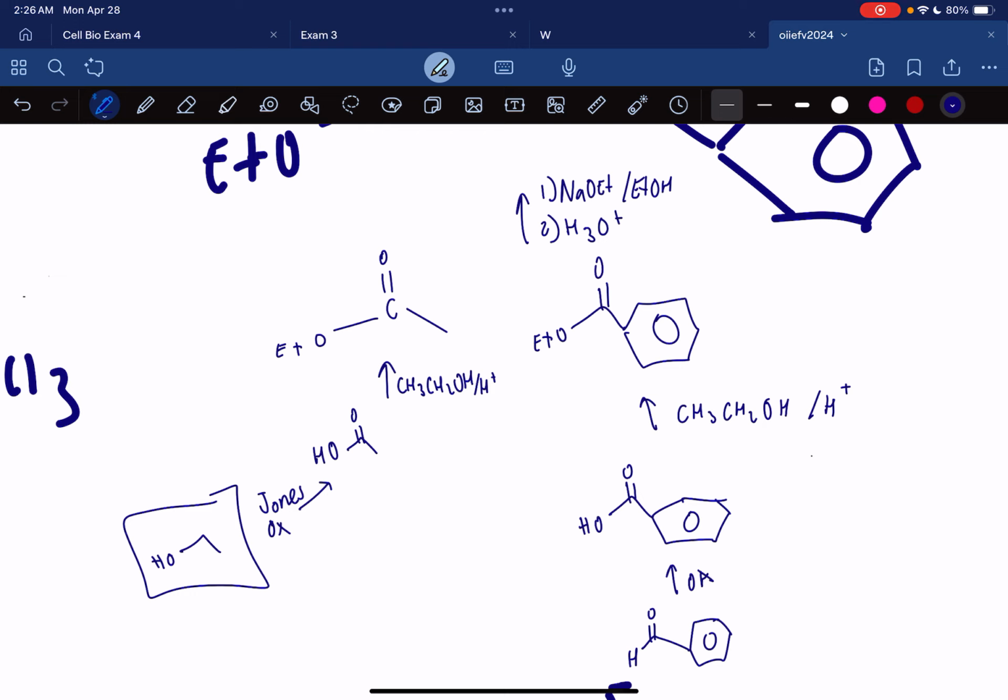And you can do Jones oxidation of that. And that should work there.